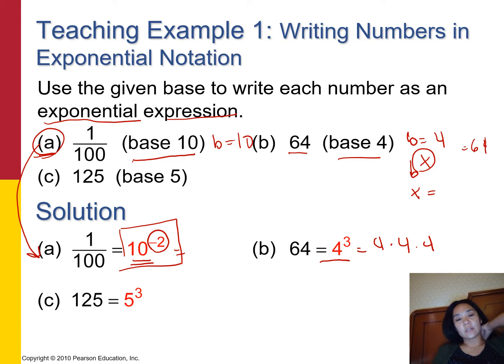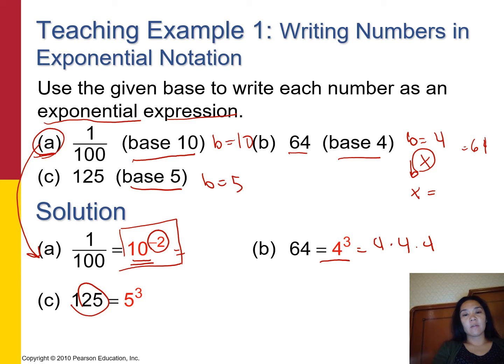And finally, for this last problem, the number 125 with a base of 5. So again, your base is 5. I'm going to write it up here, the exponential expression, where this is your base and this x is your exponent. And this is like saying 5 times 5 times 5.